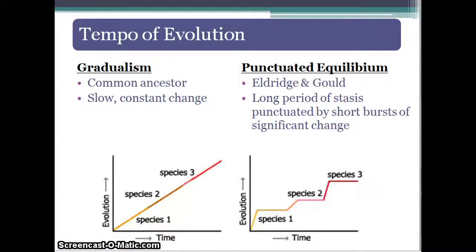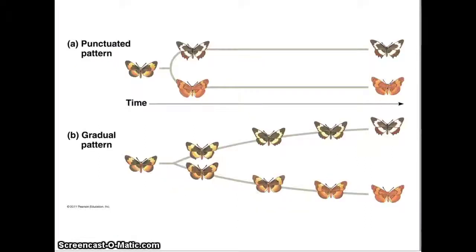Okay, and then the book actually shows a very good example. As you can see on the top, the punctuated pattern happens really quickly. It happens once and stays that way. So this mutation happens and you have white and you have brown from yellow, and the white just stays white throughout this whole time, and the brown stays brown throughout this entire time.